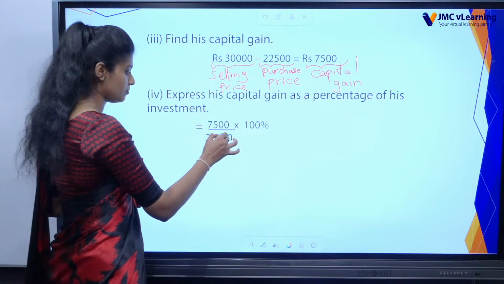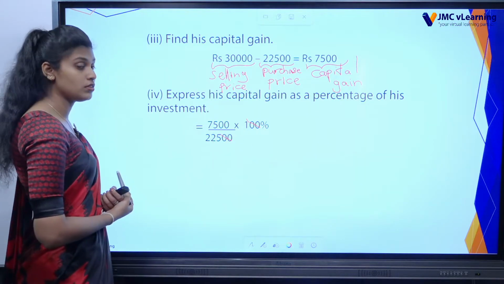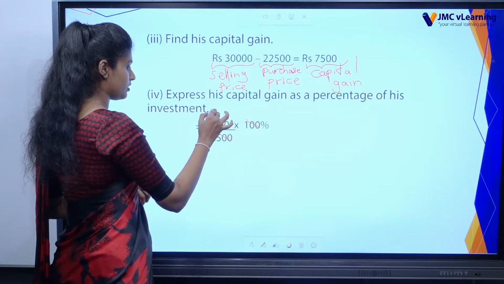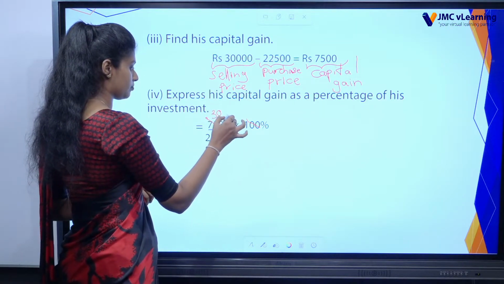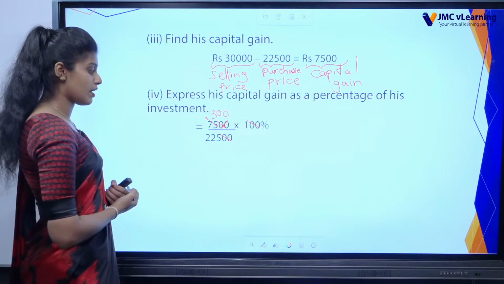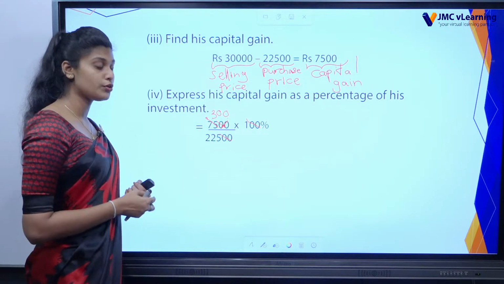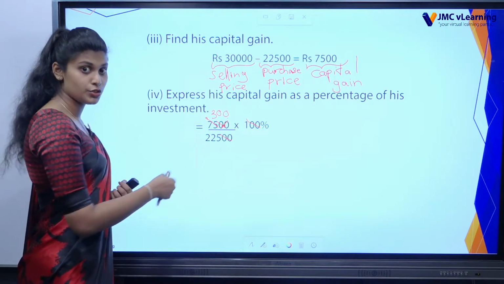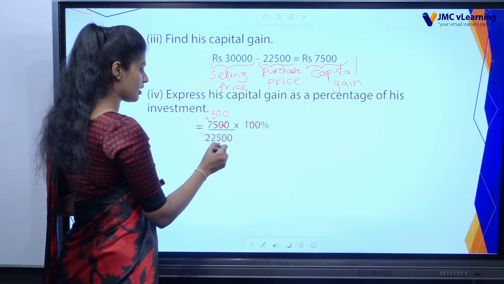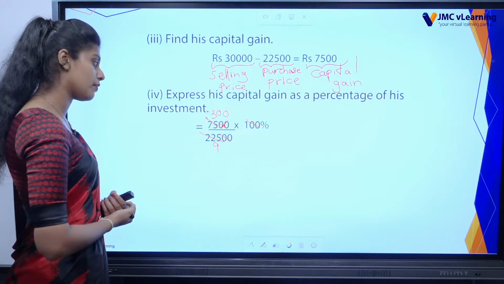Let's simplify. Then you can divide both by 25. There are 3, 0. This one also you have to divide by 25. For 100, there are four 25s. Here 200 means 8, and in 225 there are nine 25s.